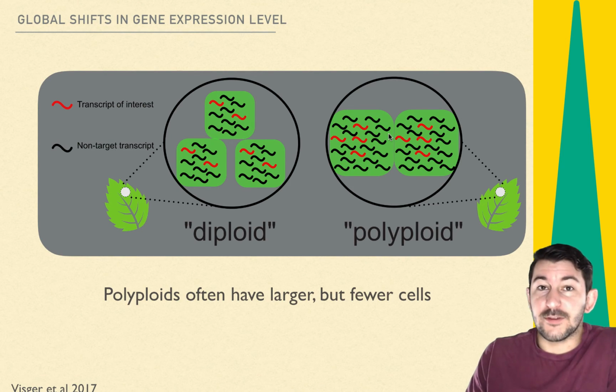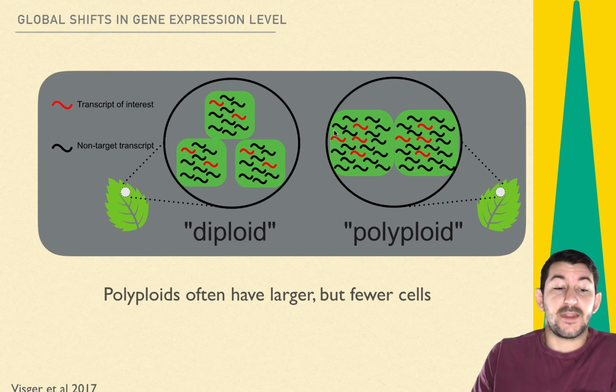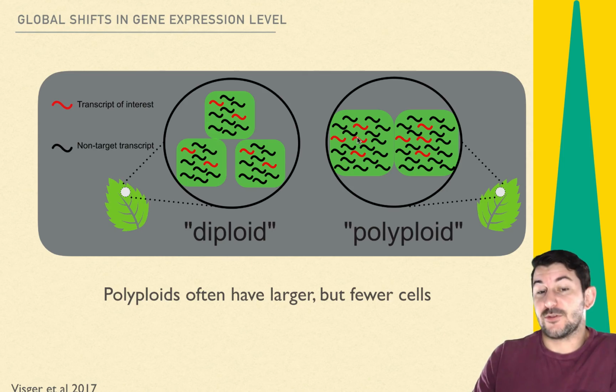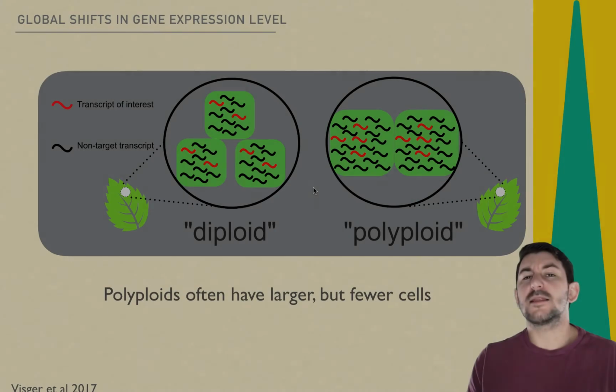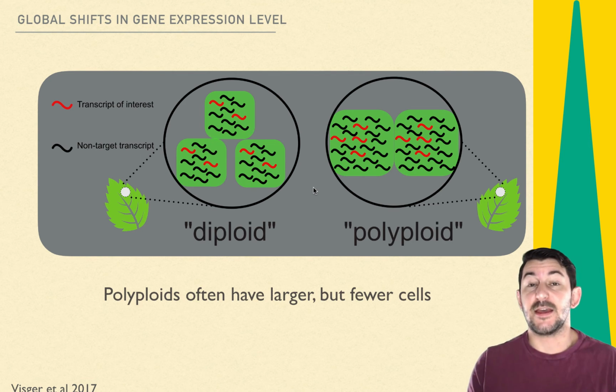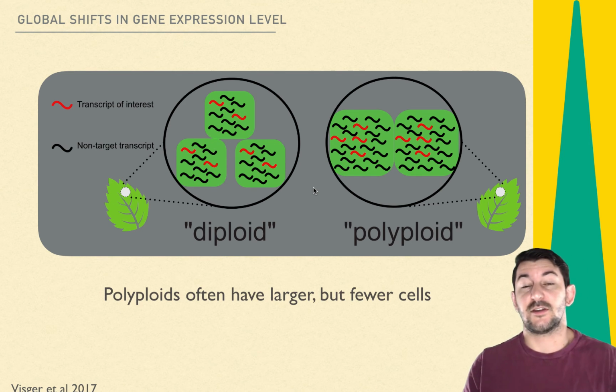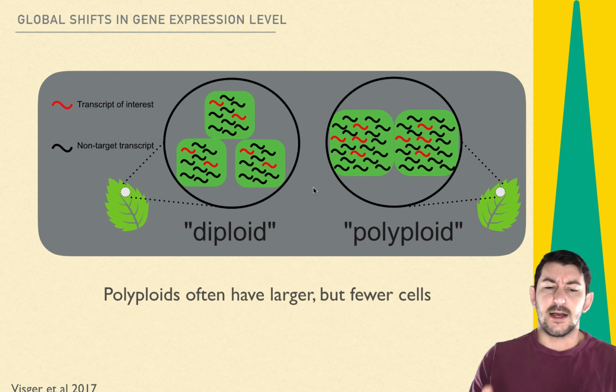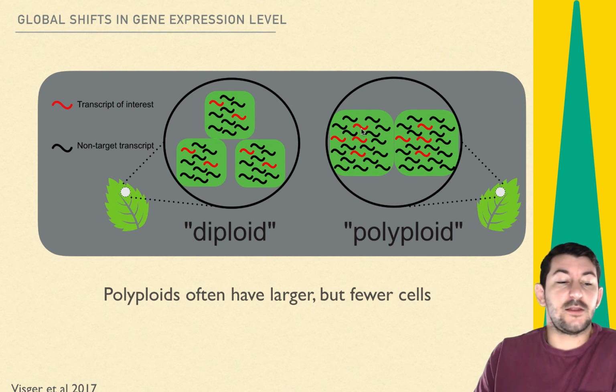Because if polyploids have larger but fewer cells, and you want to compare transcription per cell, you have to now account for something else. So let me give you an example of how different ways of normalization can tell you different things when you have variation in cell size or cell number. So again, let's say we're interested in this gene that produces this red transcript.